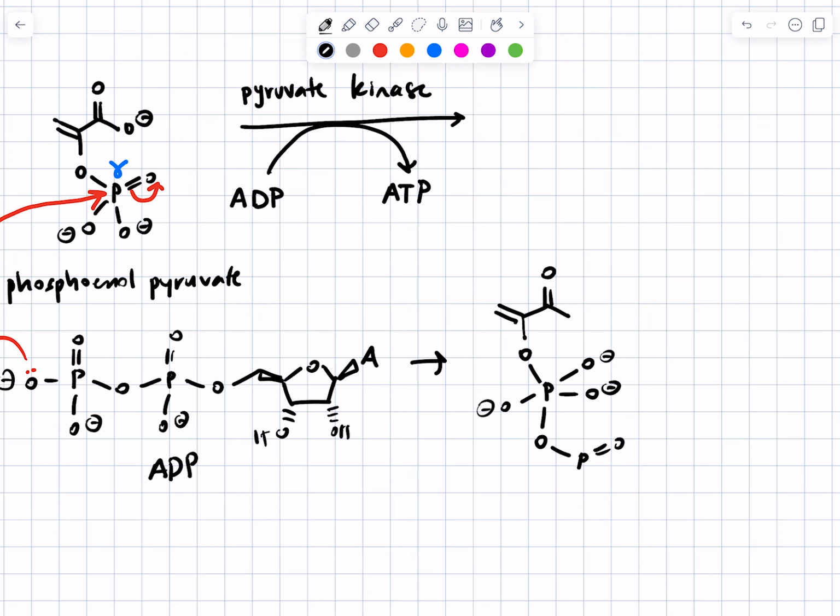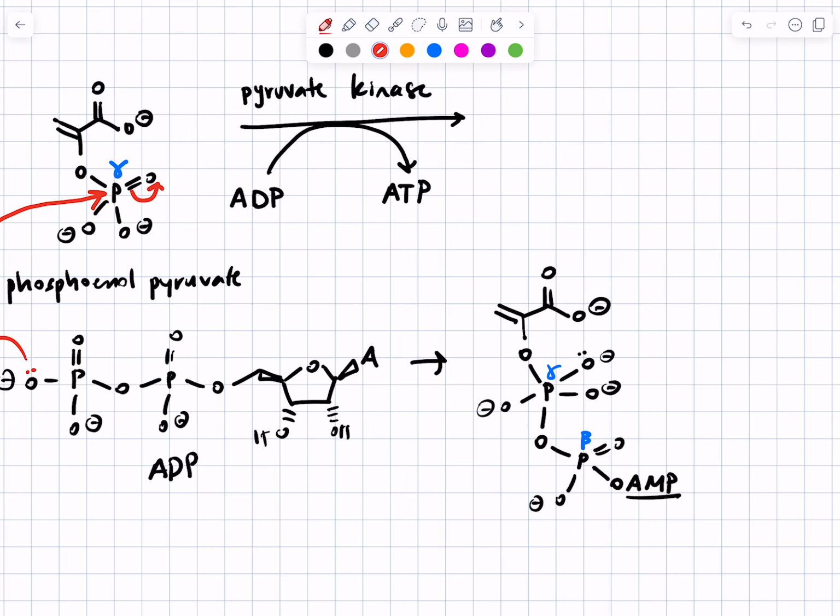Here is the beta phosphate group of ADP. This is going to be the gamma phosphate group. I'm going to abbreviate the rest of this as AMP because there'd be another phosphate here, another ribose ring, and then the adenine. I hope that's okay with everybody. I just don't want to draw it all out. And then we're missing the carboxylate oxygen here.